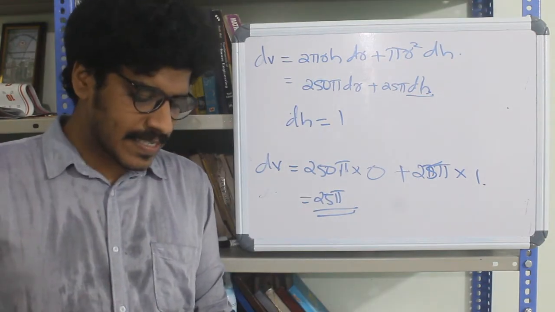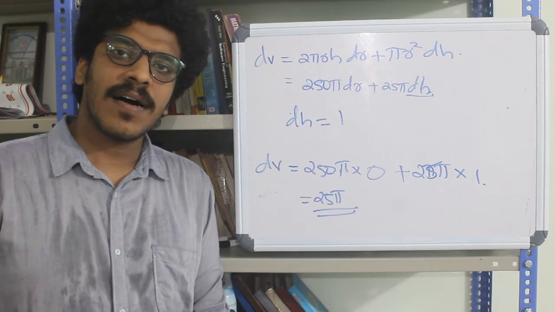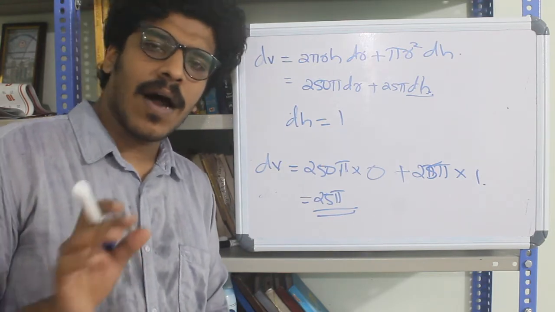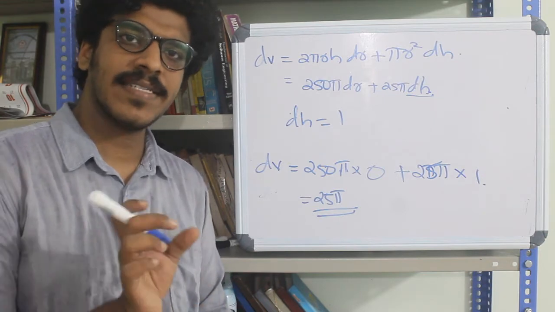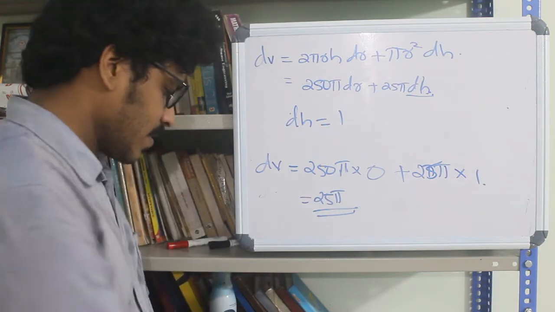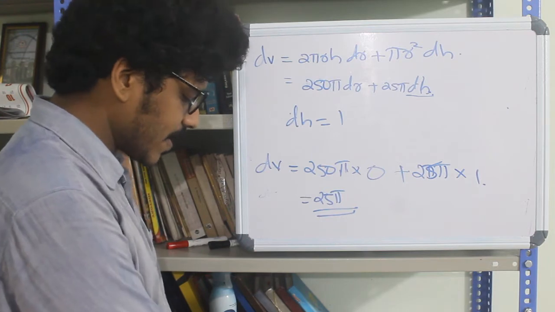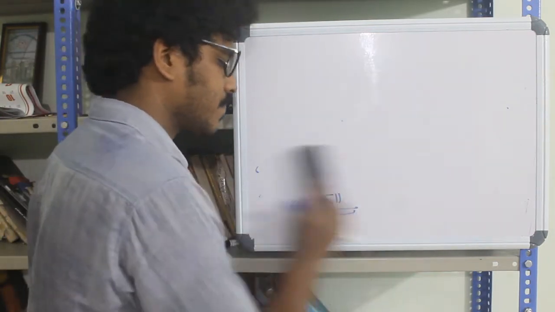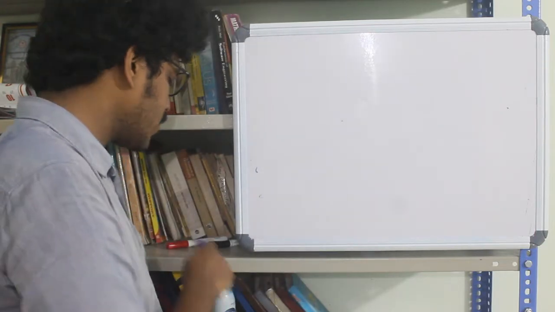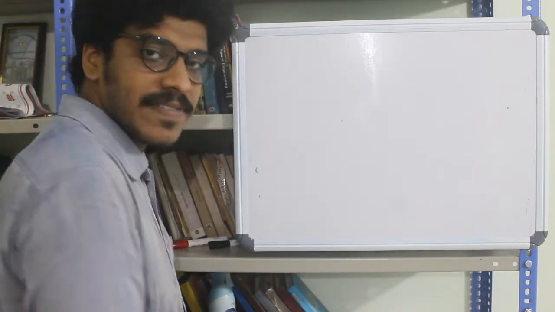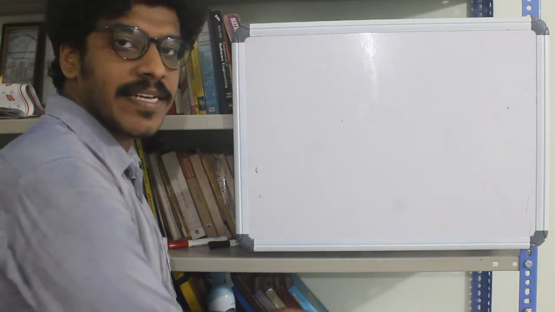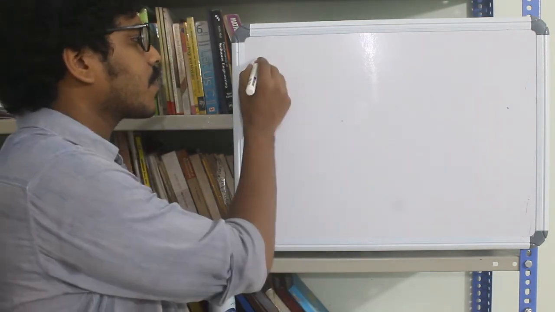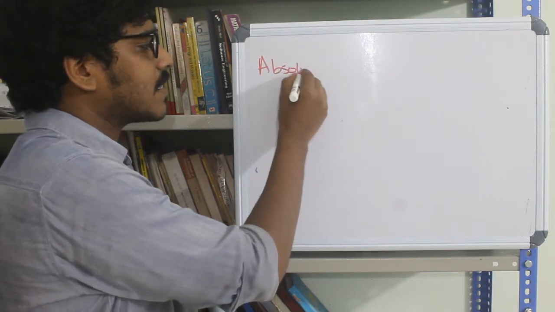So far we were discussing changes of a function with respect to change in the variable, or how the function changes when we change the inputs. There are three measures which we need to re-emphasize: the absolute change, relative change, and percentage change. So what is absolute change? You need to remember these names as well as the formula.